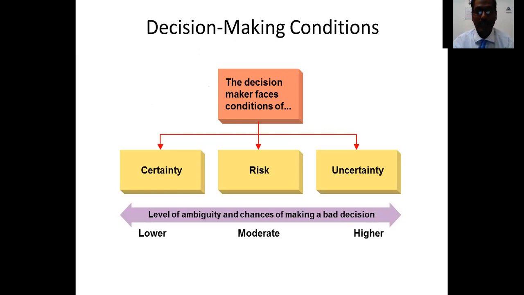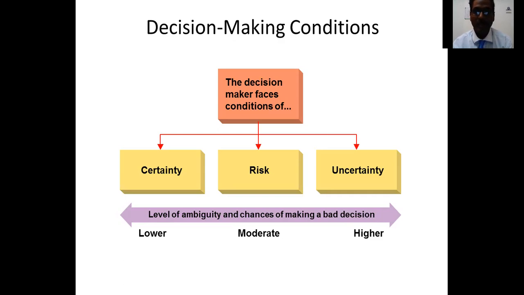Then we will see what the decision making conditions are. Depending upon the decision making condition, we know how certain or uncertain it is, and what the level of ambiguity is. Ambiguity means things are not clear.